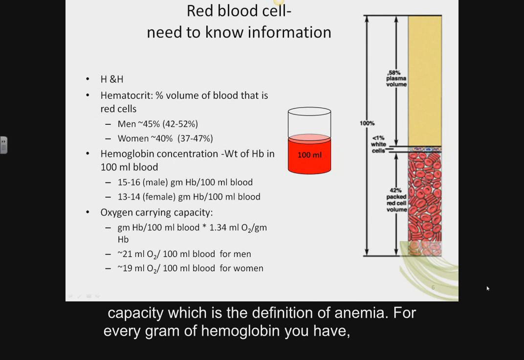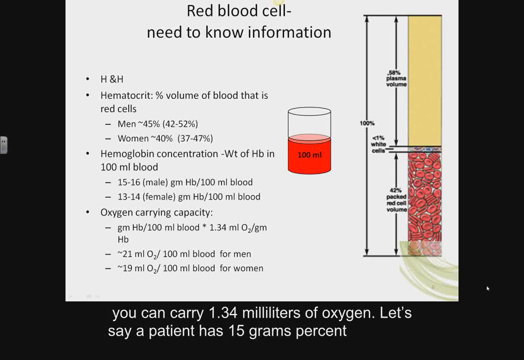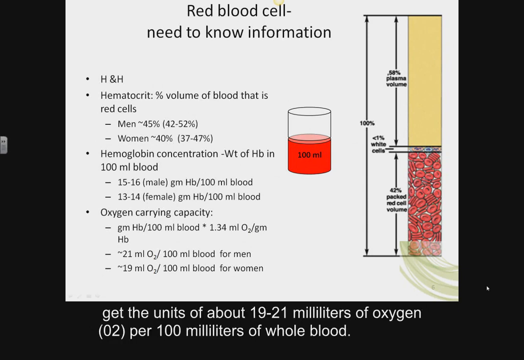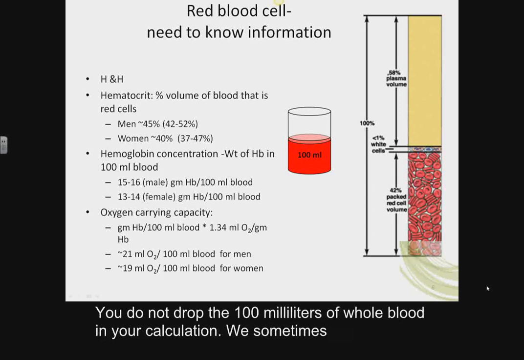For every gram of hemoglobin you have, you can carry 1.34 milliliters of oxygen. Let's say a patient has 15 grams percent hemoglobin. If you multiply that grams percent by 1.34 milliliters of oxygen, you will get about 19 to 21 milliliters of oxygen per 100 milliliters of whole blood.